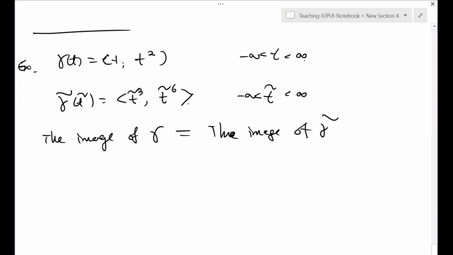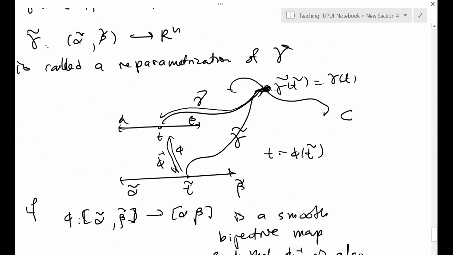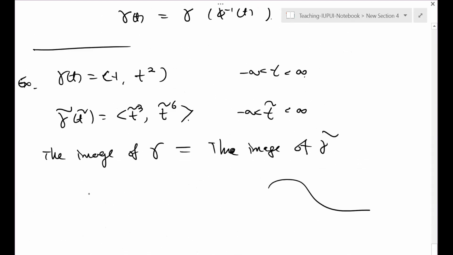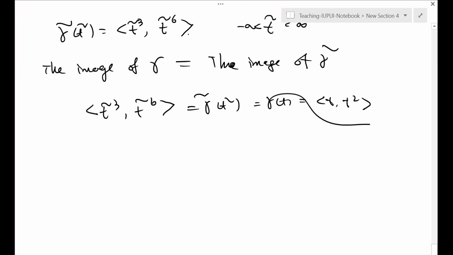So how can I get a relation between t and t tilde? Look at the above picture here. We are going to have the same point. Let's just solve this. You can solve t equals t tilde cubed, and that's it.